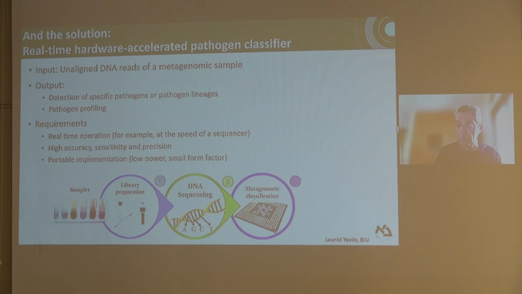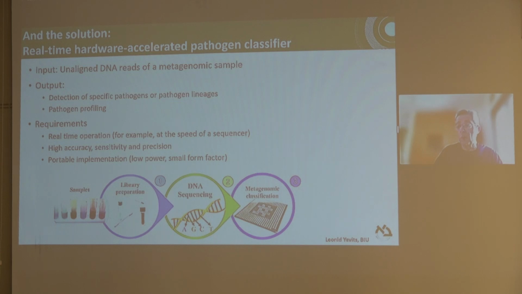The input to this solution, to this platform, would be a set or a stream of unaligned DNA bits which are sourced from a metagenomic sample. Well, that's the real-life scenario when we have a sample which contains mainly the host DNA, but also lots of DNAs of all other organisms that can be found in blood or spit or a urine sample.